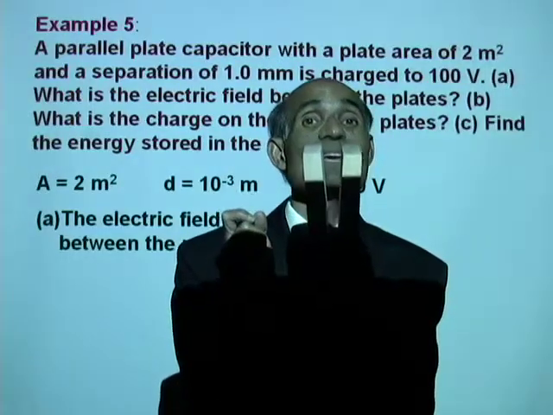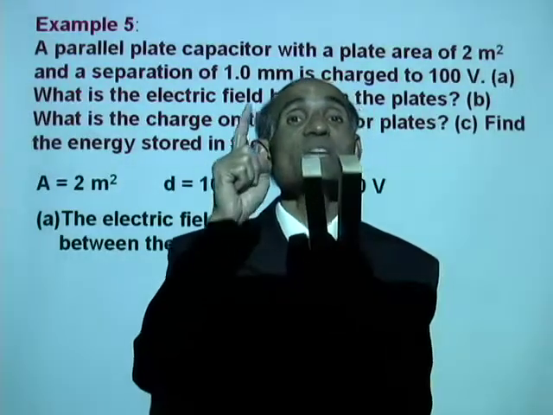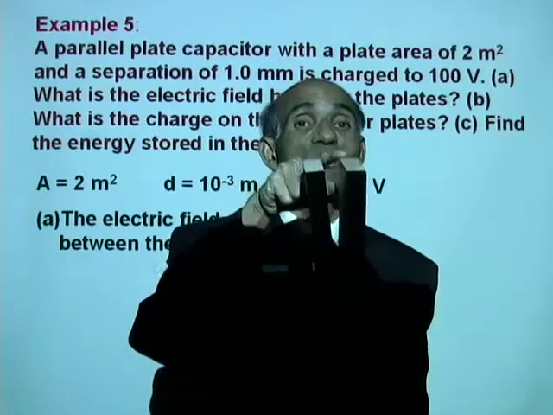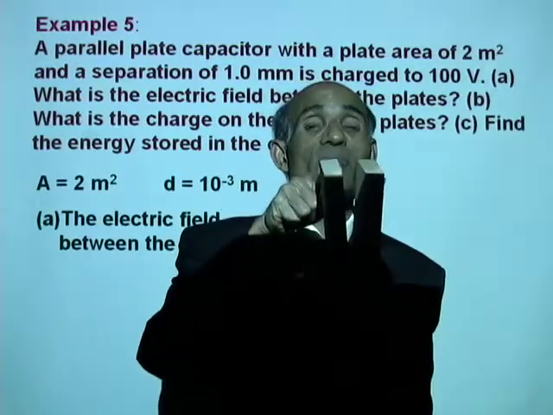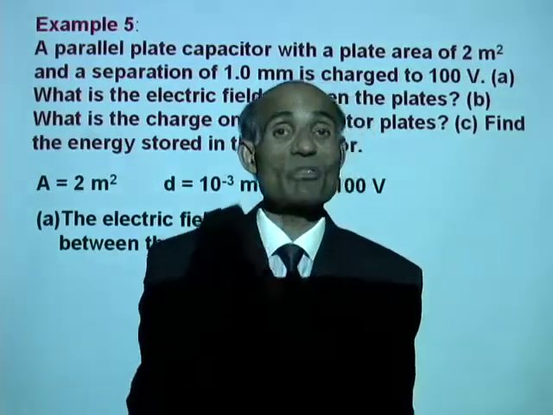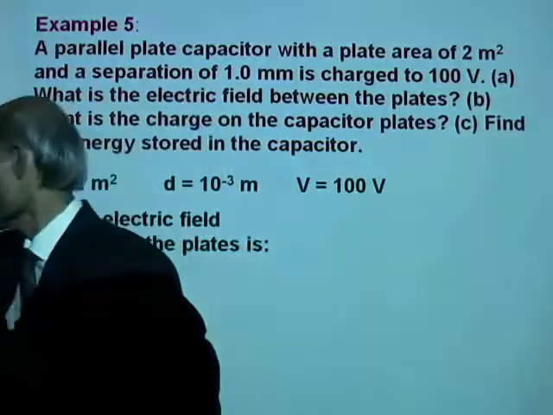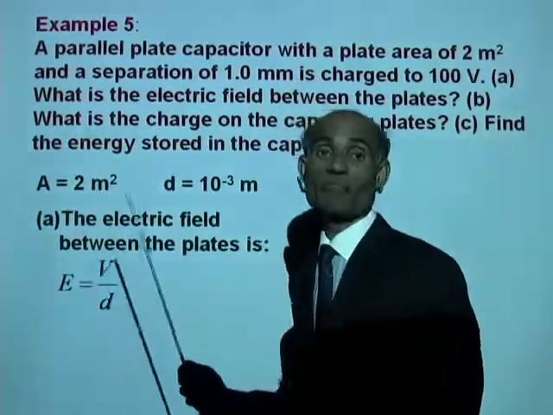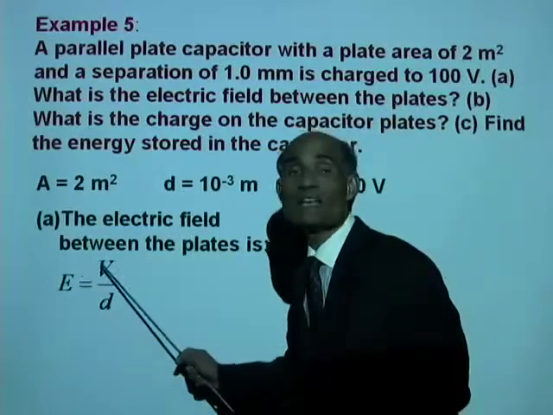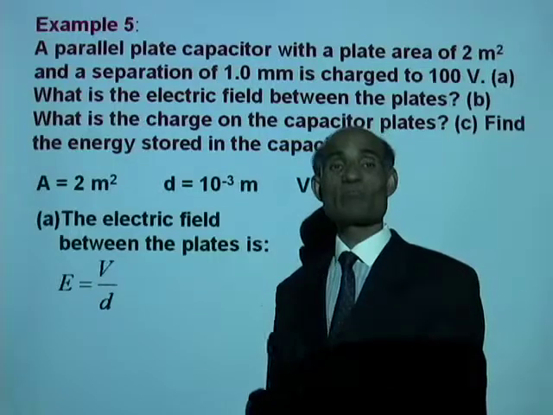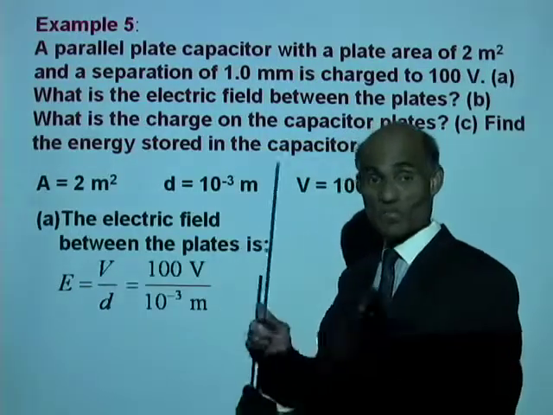Well, E equal to dV over dr, isn't it? Potential difference divided by the plate separation will give you the electric field. Don't forget that. Those are basic relations, basic equations. So, the electric field between the plates E equal to V over D, potential difference divided by the plate separation.